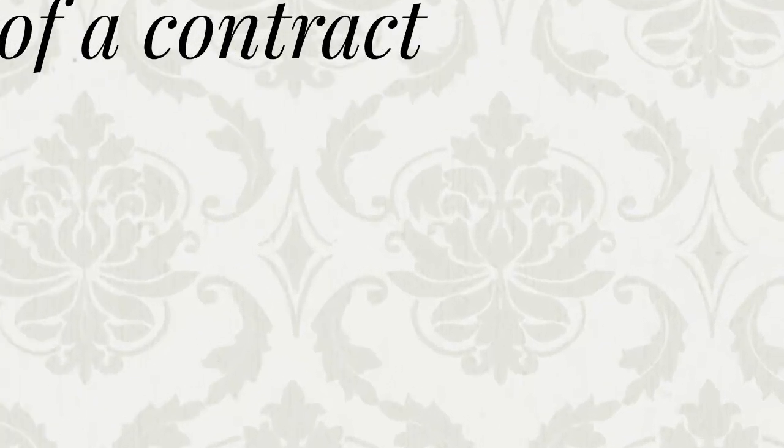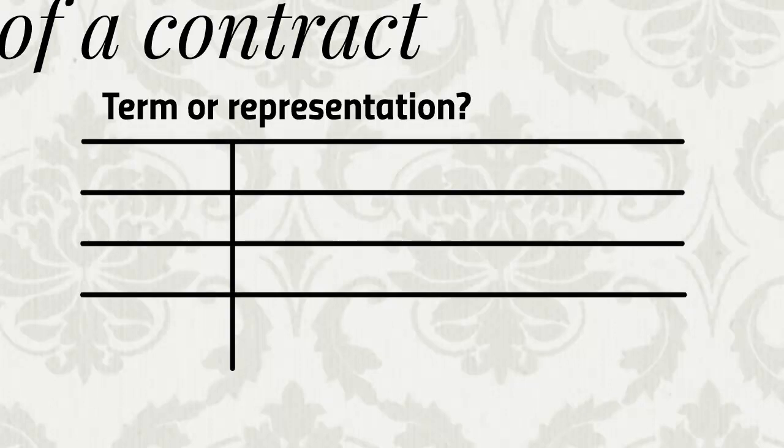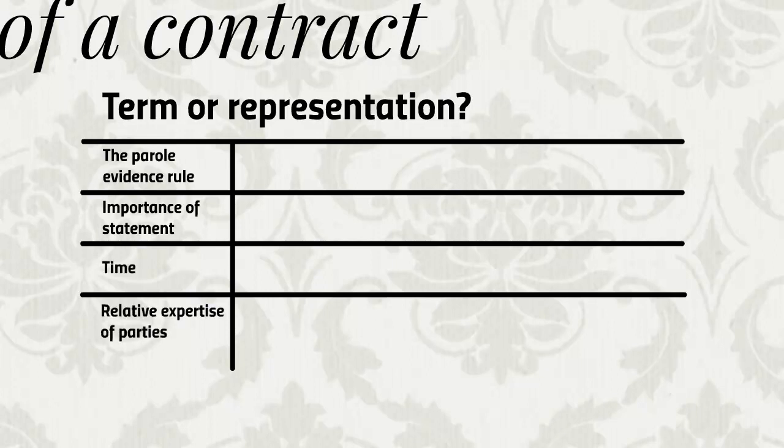Okay. So the court looks at 4 different points when considering whether a statement is a term or indeed a representation. So let's get those points on screen for you first, the 4 points that decide whether it's a term or representation. We've got the parole evidence rule, the importance of statement, time, and relative expertise of parties.